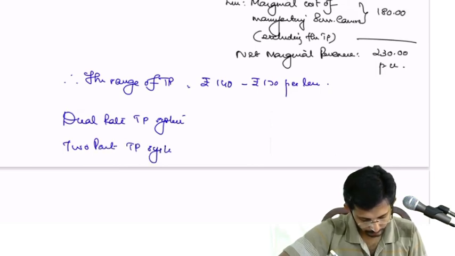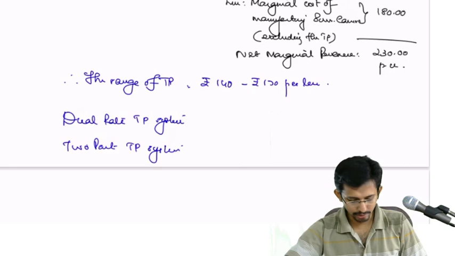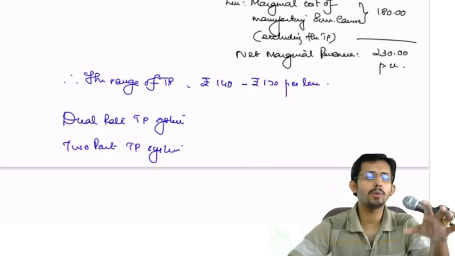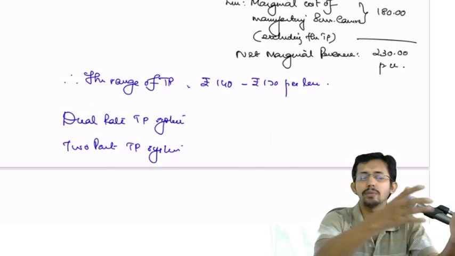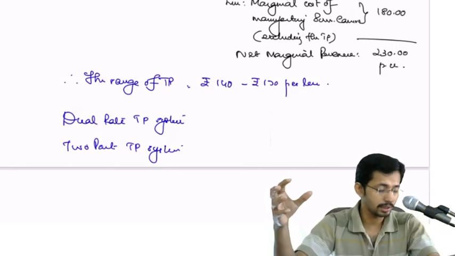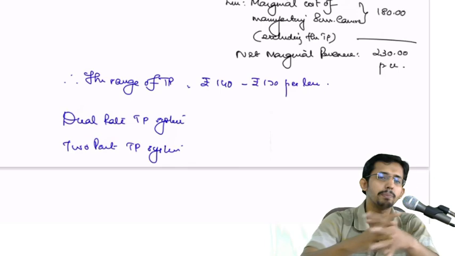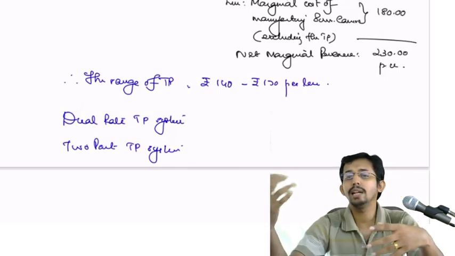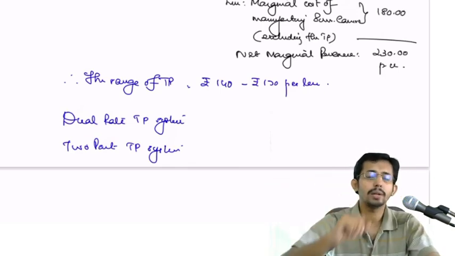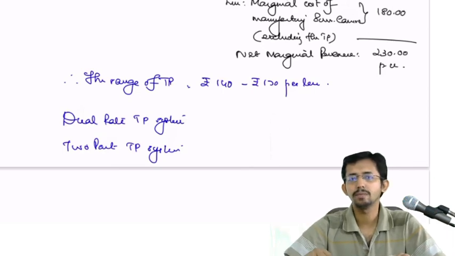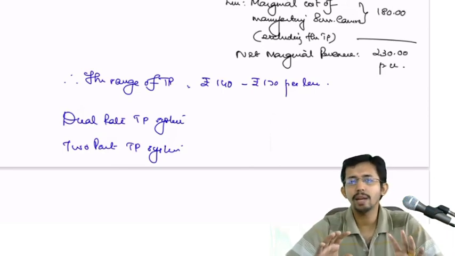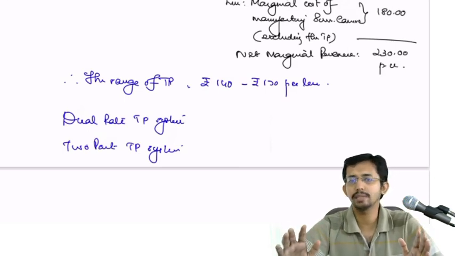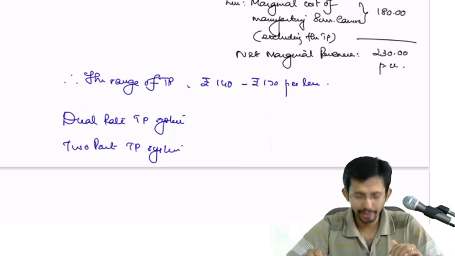You remember? In dual rate, there will be separate rates for the buying division and the selling division. Selling division will sell at say 140 per unit, whereas buying division will account the transfer price at say 120. So charging different transfer prices for the buying division and selling division is what is known as dual rate TP system.